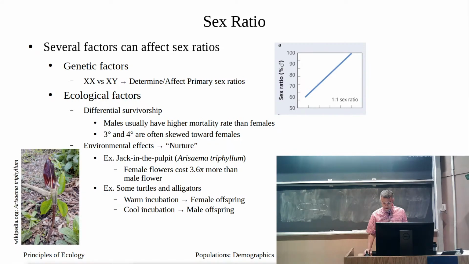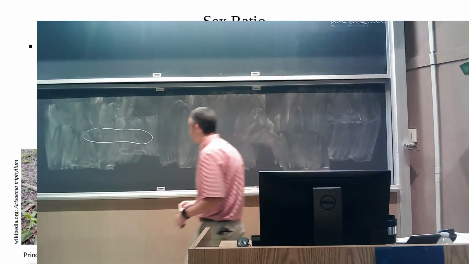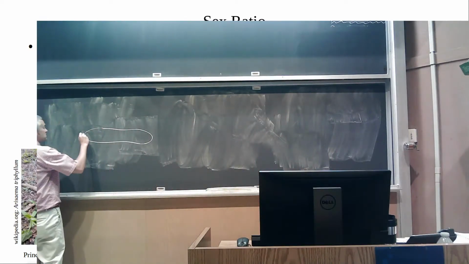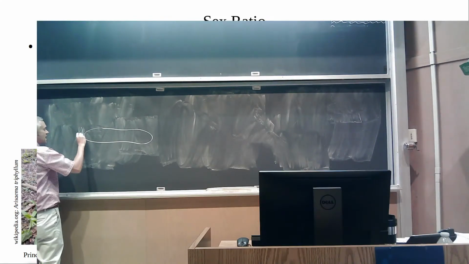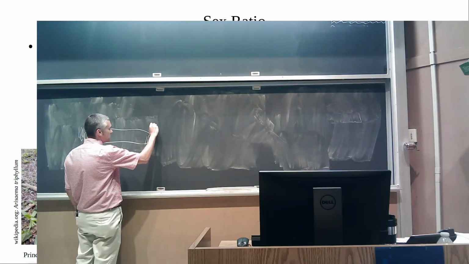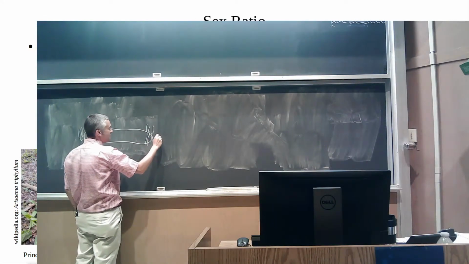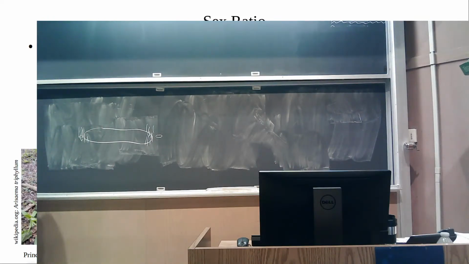So what they did was go out to a lake and find nests on the shore. Here are my cattails and stuff. We have different areas of the lake, and you have a nest there, and let's say we have a nest here.